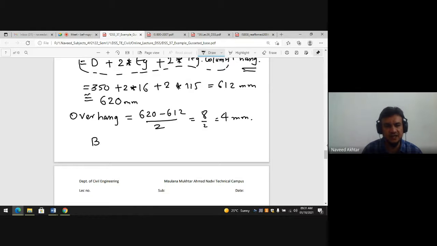So breadth of plate is equal to area divided by length of plate. Area, as we have calculated, is 200 into 10 raised to 3 mm square, divided by length of plate 620 mm.